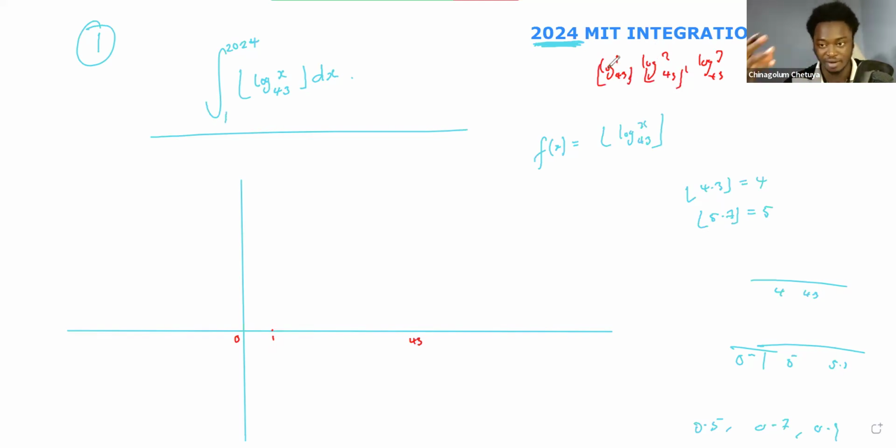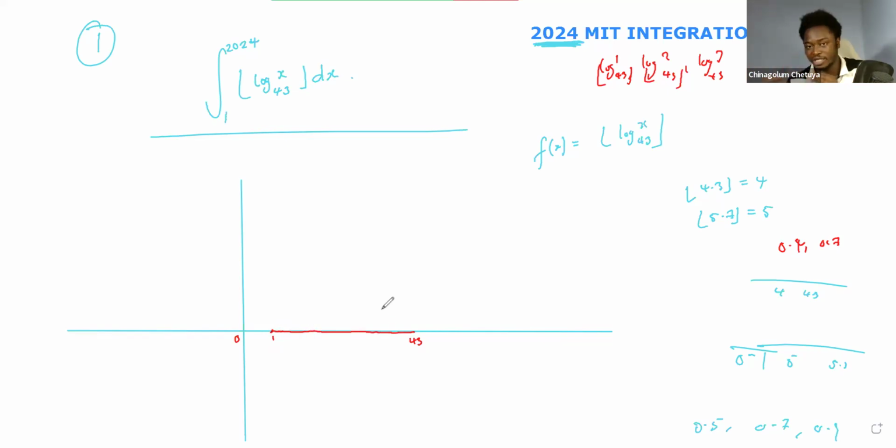If you plug this in a calculator, you're going to get numbers like 0.4, 0.7, less than 1. So the closest integer below is 0. That's why this function would just be flat until we get to 43.